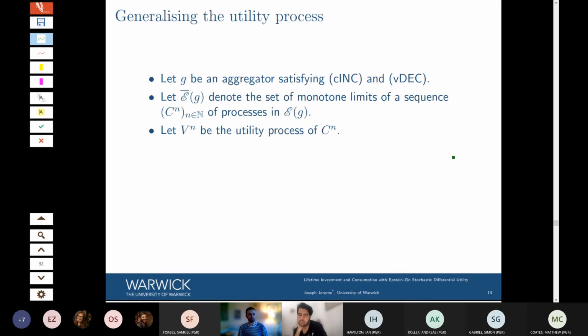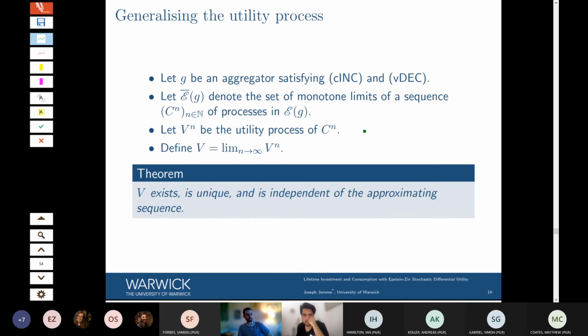So for each Cn that's evaluable, we're going to let Vn be the utility process associated to it, and then we're going to define V to be this limit, which we know exists because we've shown that Vn is monotone in n.